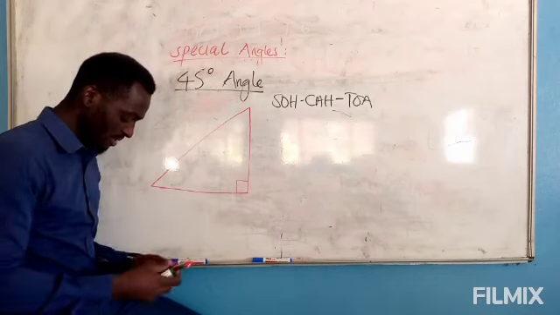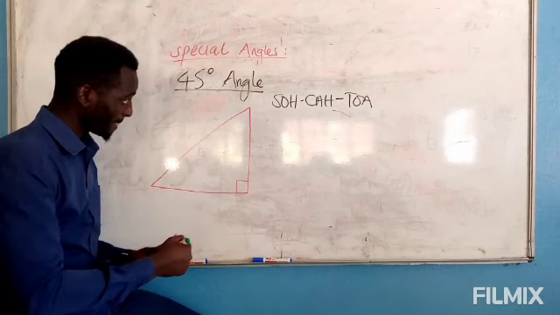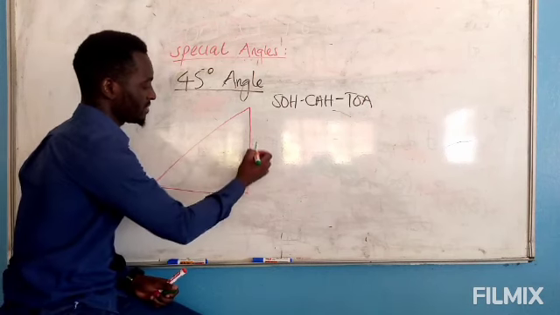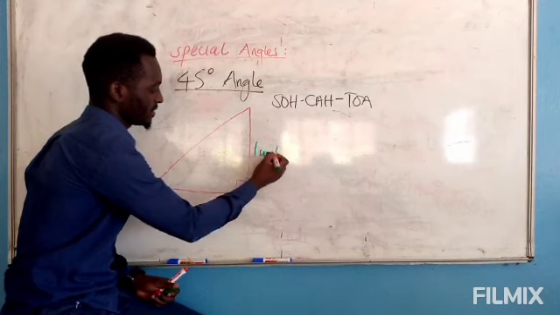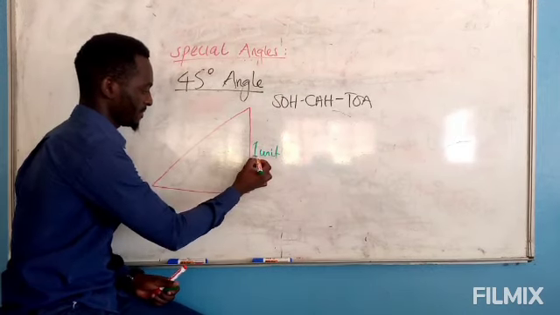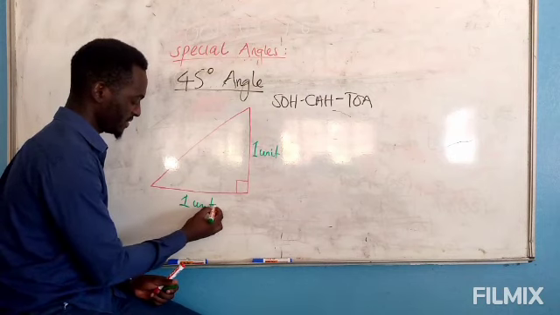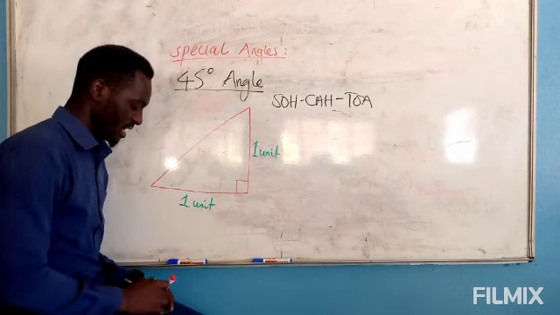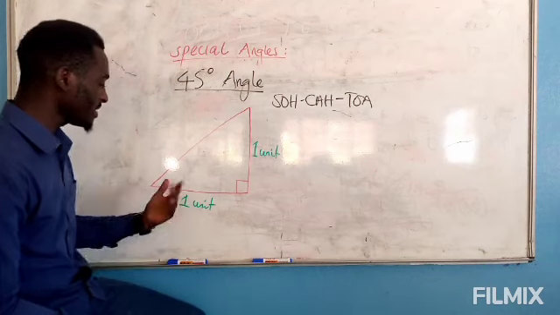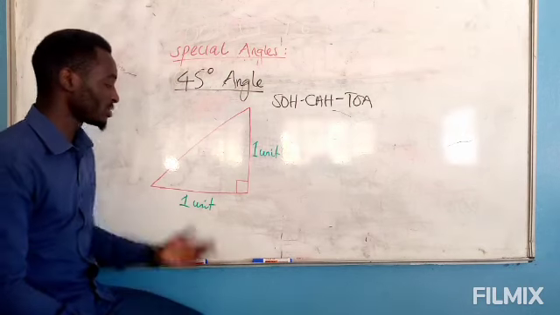Now, this will have 1 unit, and this side also has 1 unit. We know that this is a right angle triangle.